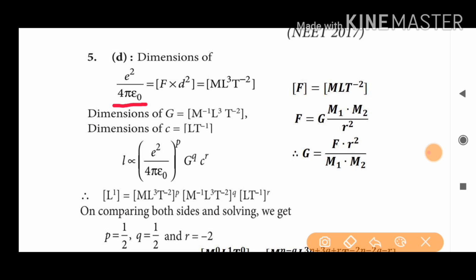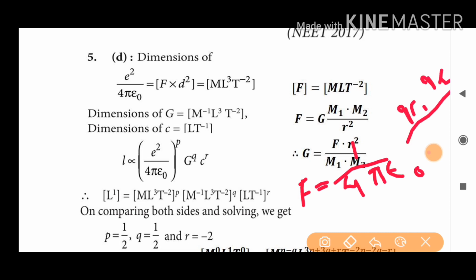You remember Coulomb's law of static charges. Two charges Q1 and Q2, separated by a distance r, then the force between these two charges is given by F equals 1 upon 4 pi epsilon naught Q1 Q2 by r square.